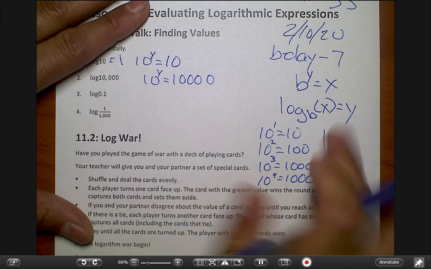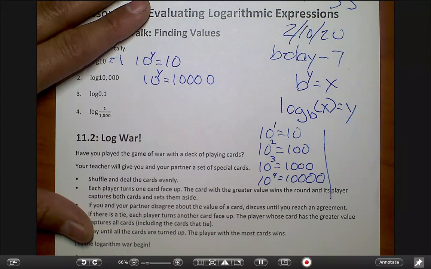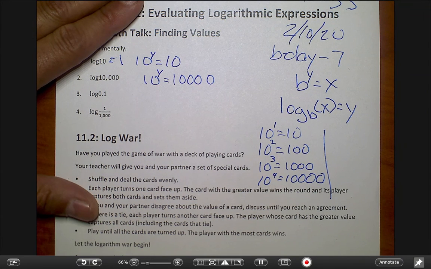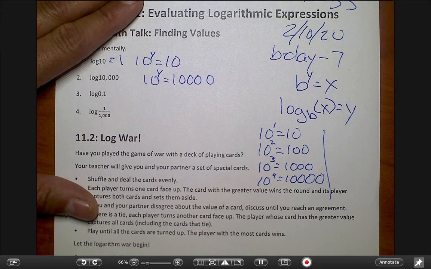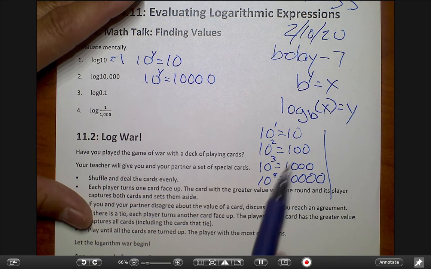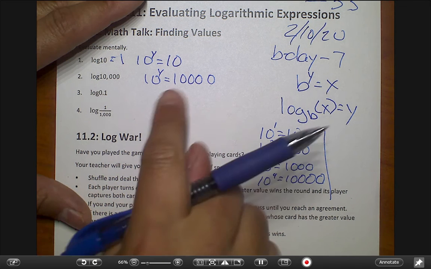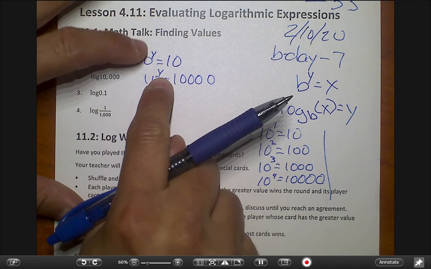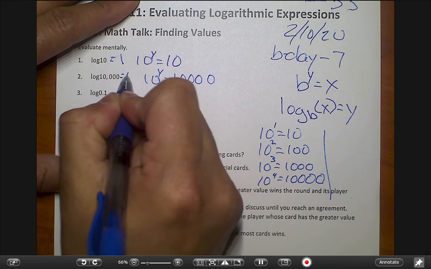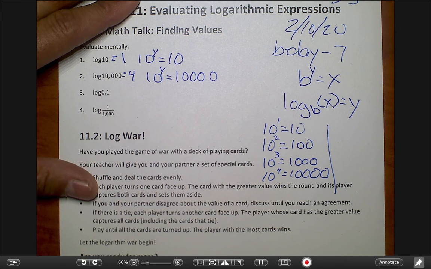So we're going to use this type of method to solve some of this stuff later on too. Any base is going to help us, but the zeros thing only worked with 10. You do your powers like this, and we could do a 2 down here on the bottom. So we know that y has to be 4.